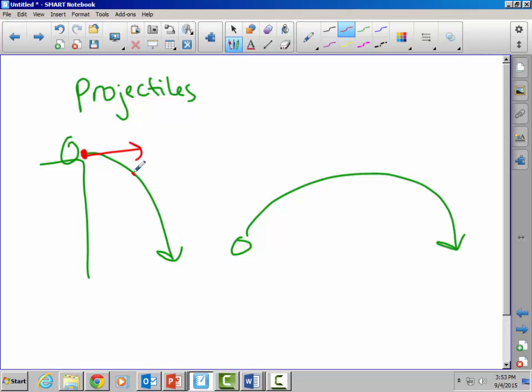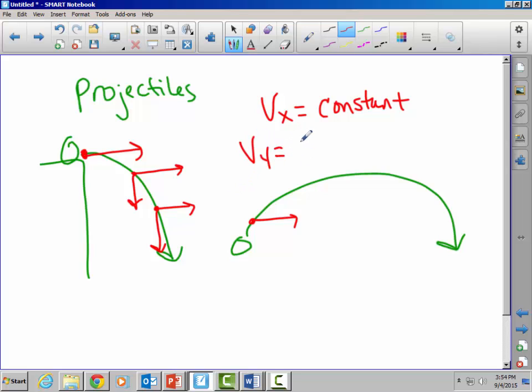Here you have a horizontal velocity, and then you also have a vertical velocity. With both kinds of projectiles, your horizontal velocity is constant. There's no acceleration happening in the x direction. The y direction is when we experience acceleration, because in the y coordinate plane is where gravity acts.